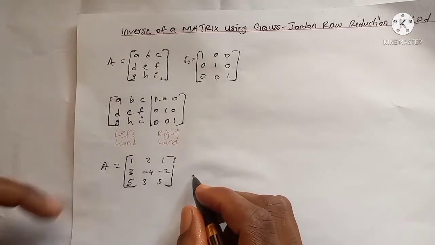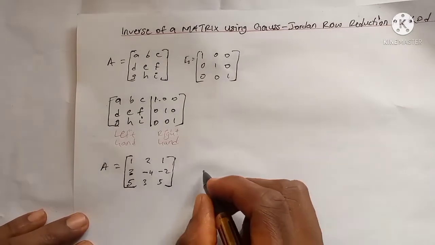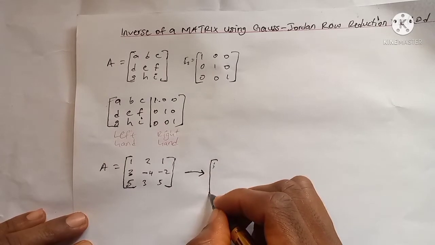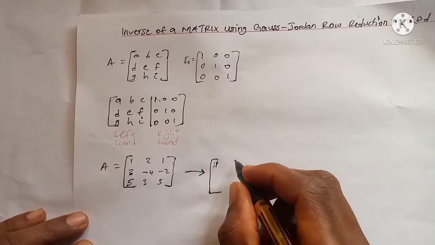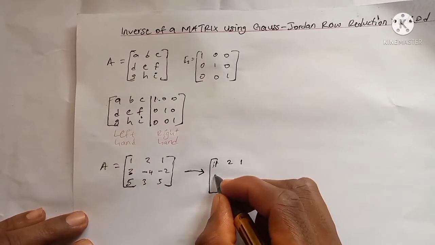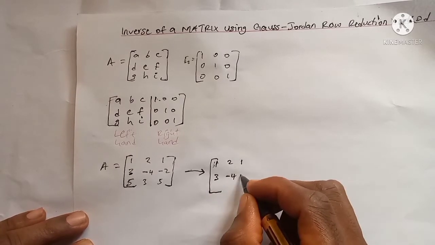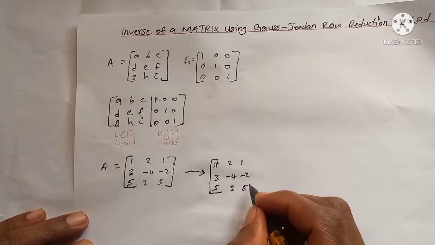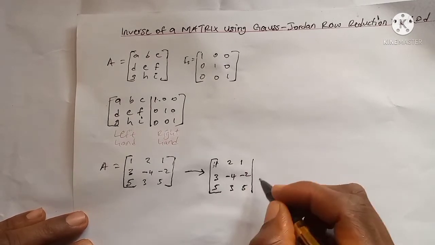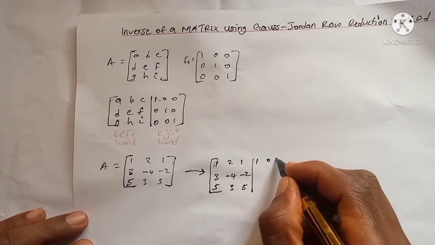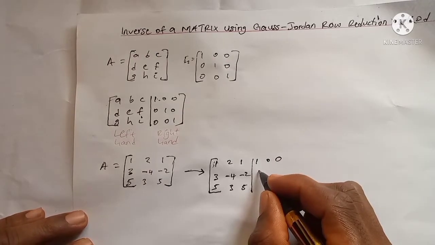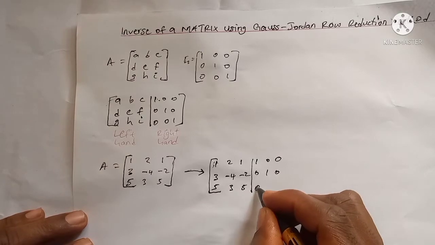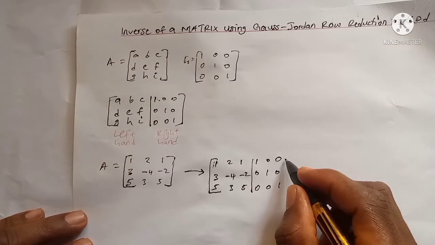Remember, the first step is to augment this matrix A with a 3 by 3 identity matrix, which will give us 1 2 1, 3 minus 4 minus 2, 5 3 and 5, then 1 0 0, 0 1 0, and then 0 0 1.